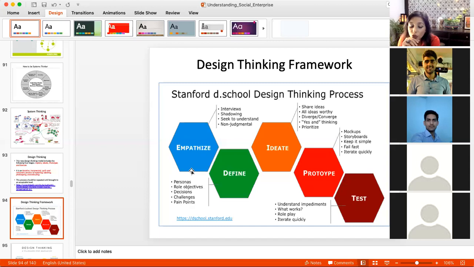So looking into all the possible pros and cons, good and bad points, negative possibilities and positive possibilities is a stage of mocking up. You create storyboards, you keep it very simple and straight at the prototype stage.